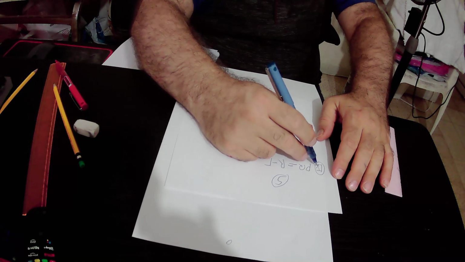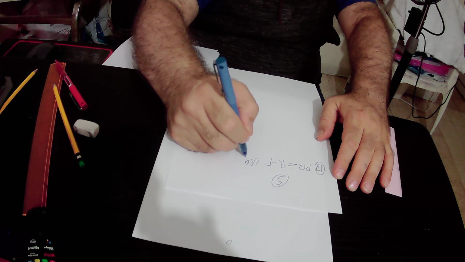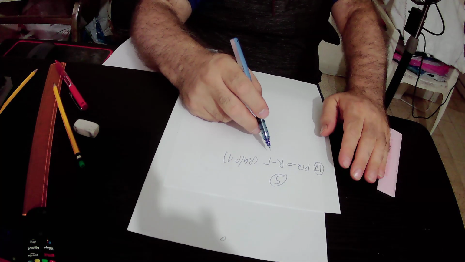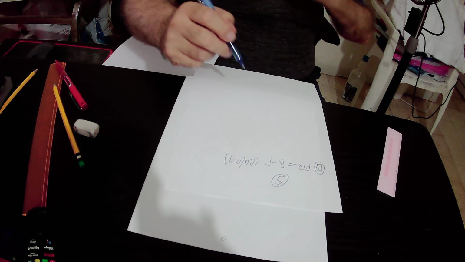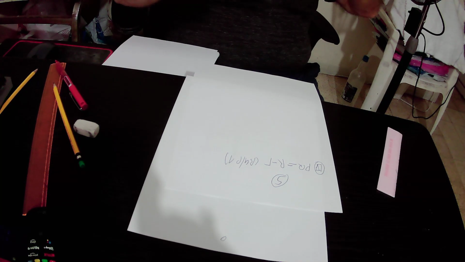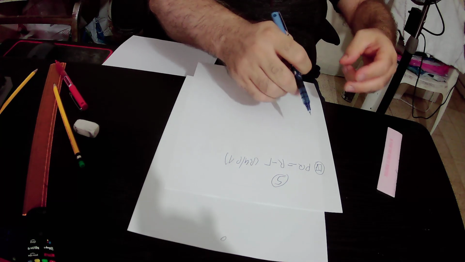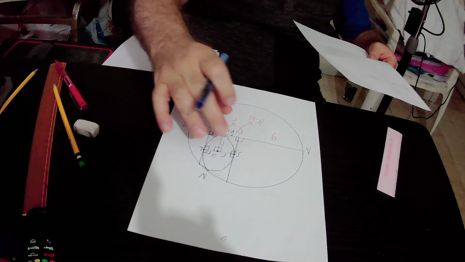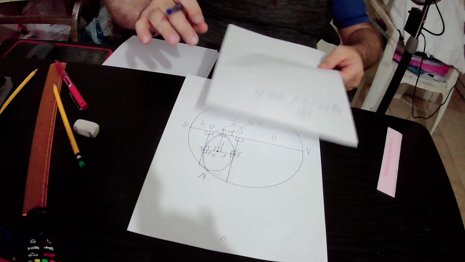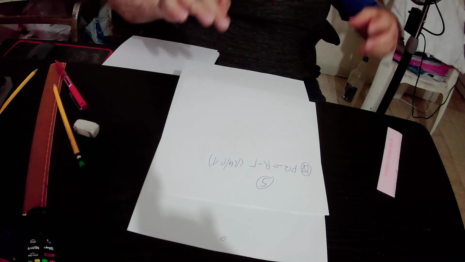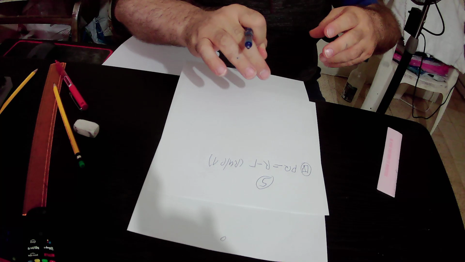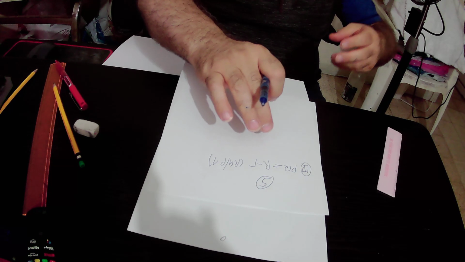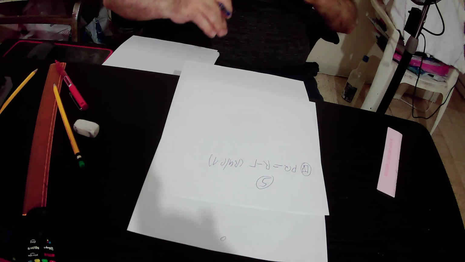So according to rule number 1, PQ equals capital R minus small r, because the distance between the centers of the two circles, that is to say PQ, is equal to the difference between the lengths of the radiuses of the two circles. That is to say, PQ equals capital R minus small r. Okay?